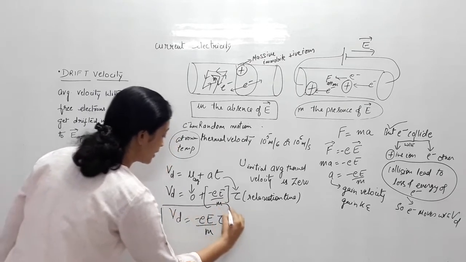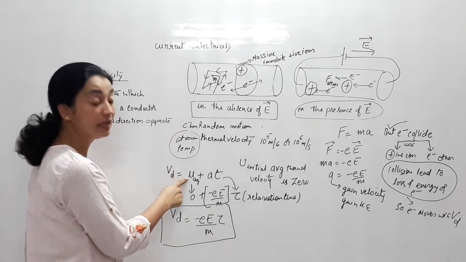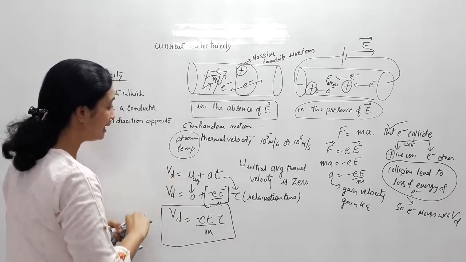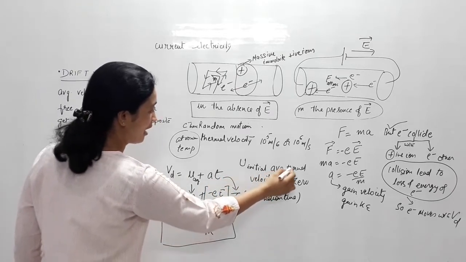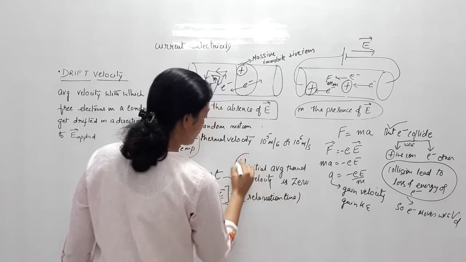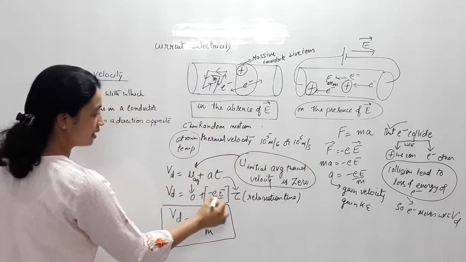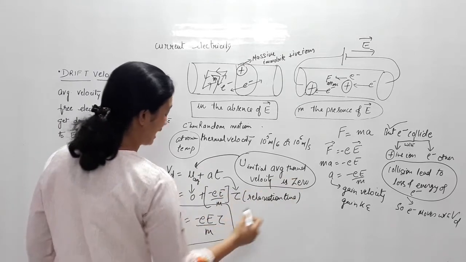This is the expression for drift velocity, because you know that the average initial thermal velocity in any direction is 0. So if this is 0, then acceleration we have already taken, and tau is the relaxation time.